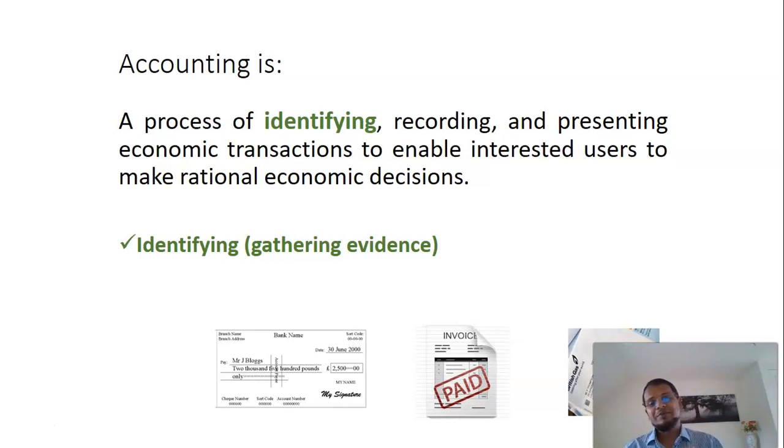So the first step is to identify that a transaction, an exchange of any monetary things, happened in the organization. We identify the transaction based on different checks, receipts, invoices, something like that.